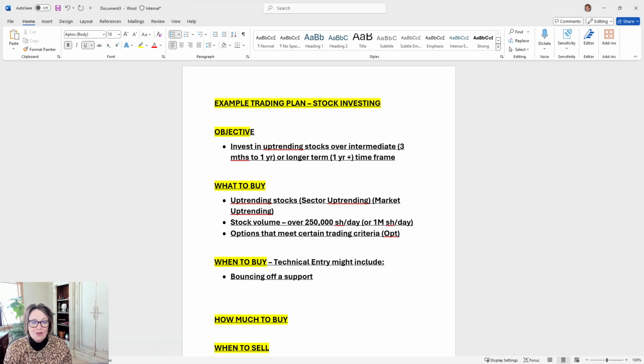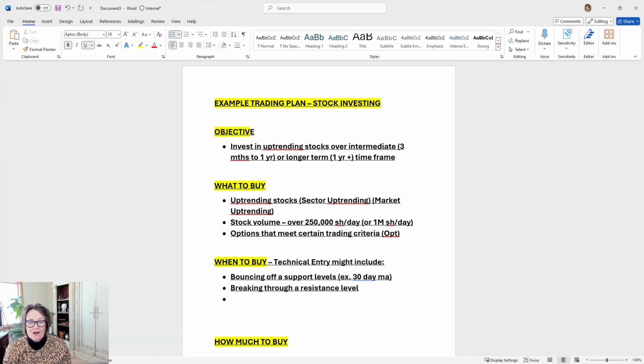So these are all bullish technical entries. For example, a 30-day moving average, or if it's breaking through a resistance level, or there could be a bull flag with a close above the high of the low day. And I'll type that in: close above the high of the low day.